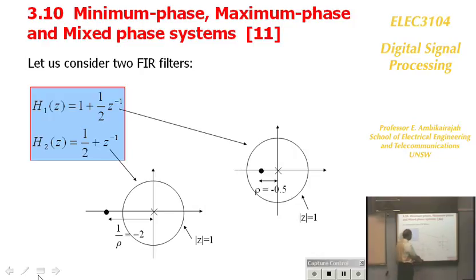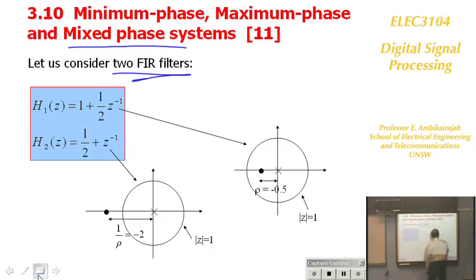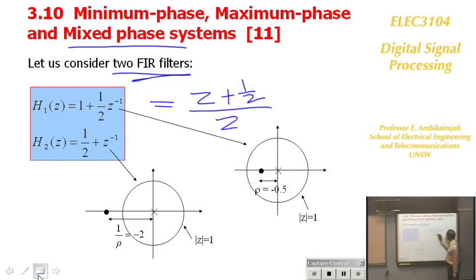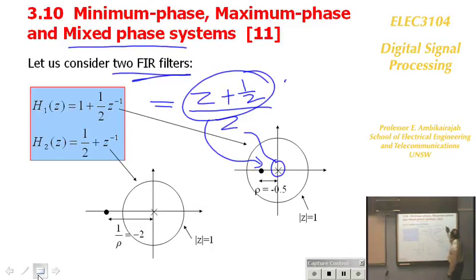Now we look at minimum phase, maximum phase, and mixed phase systems. How do we design them? Consider an FIR filter. If you write this one, it becomes (Z plus half) divided by Z. So you've got a pole here, which does basically nothing, and a 0 at -half.